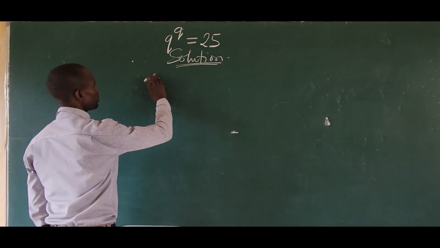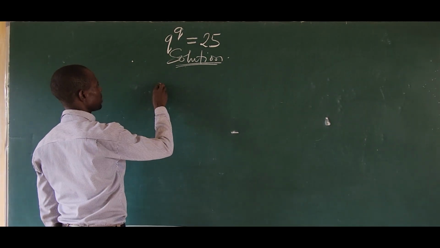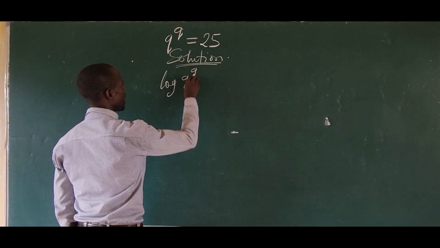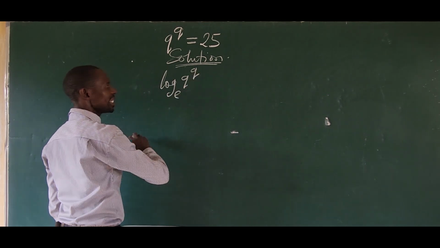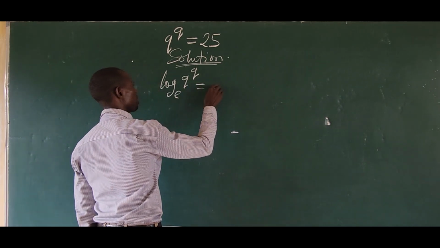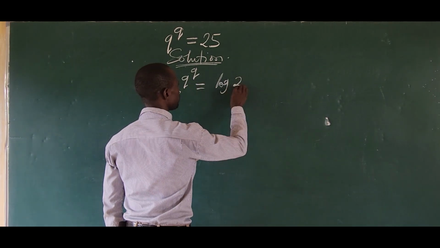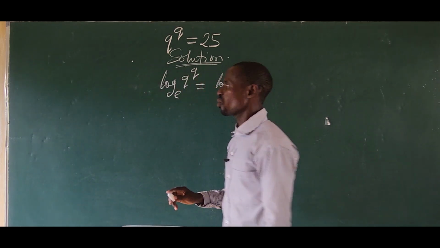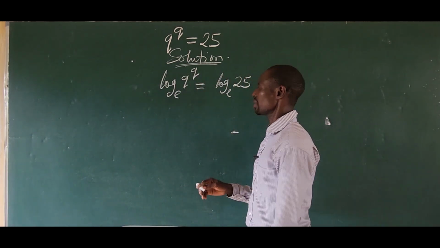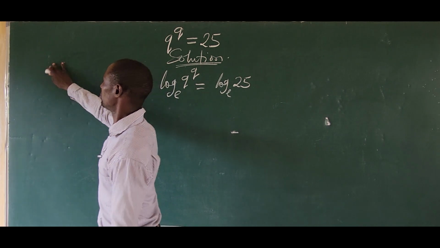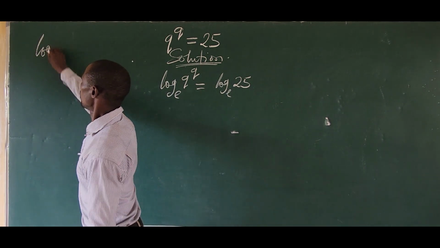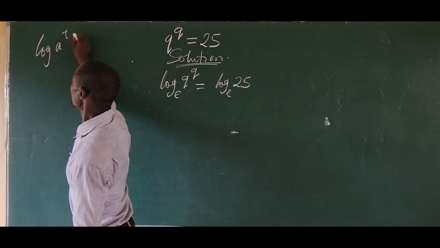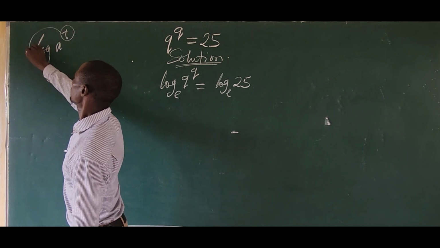So from here, first of all, log both sides of the equation. This is going to give us log of q to the power of q, base e, equal to log of 25, base e. Easy. So we apply the power property of logarithms. It says that when you take the log of a to the power of t, move the t down here.